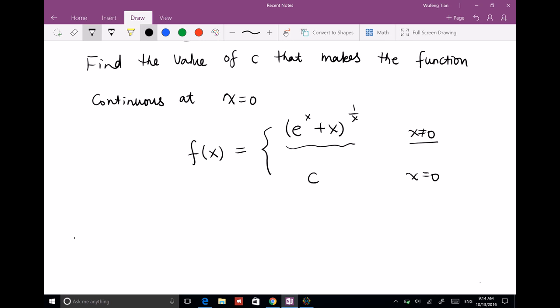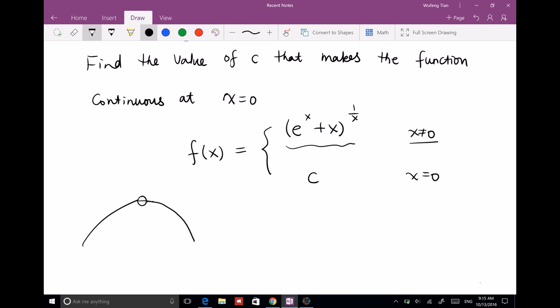For example, if I have a point here at 0, this cannot be an open circle. It has to be connected. Continuous is different from differentiable. If the function is continuous, it does not mean it's always differentiable. But if the function is differentiable, it is continuous.